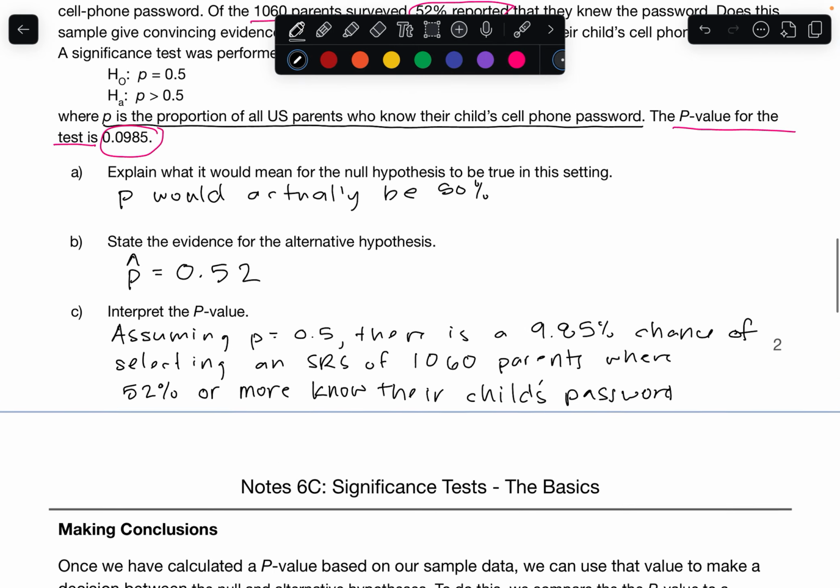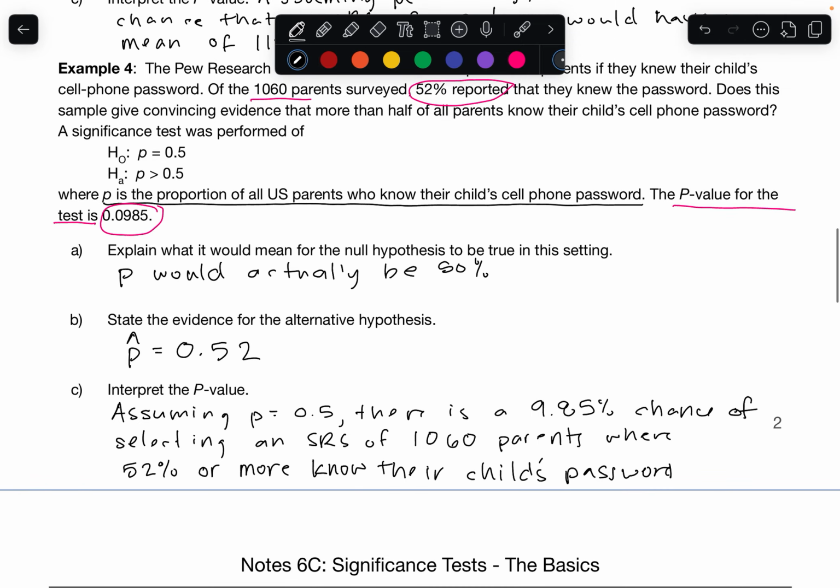So up here, for example, in example 4, if my level of significance was 0.10, notice that this p-value is less than 0.10. And I would, in that case, reject the null and support the alternative, because my sample is more extreme than that cutoff for reasonable data.